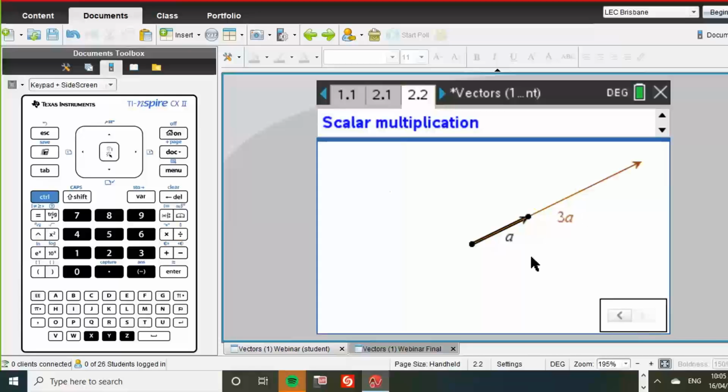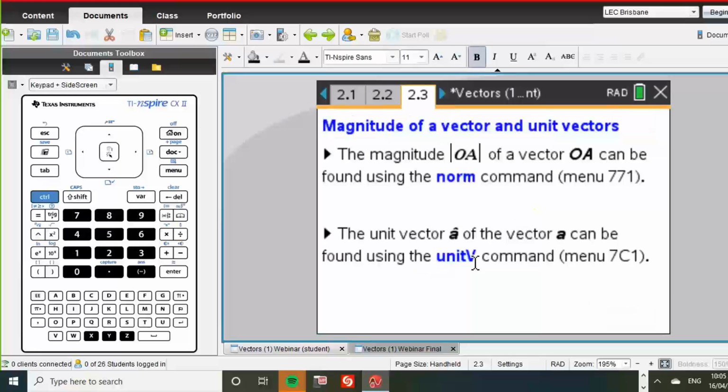Here is the corresponding vector 3A. You might also consider that if you wanted to go in the opposite direction, here is our vector A, and there is our vector negative A. It's the same magnitude, in the opposite direction. The angle that those two vectors make between their two tails is 180 degrees, or pi radians.